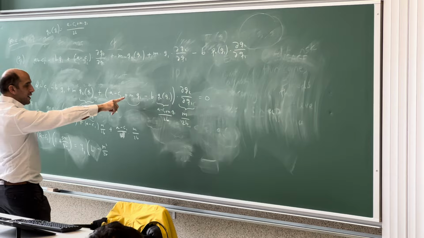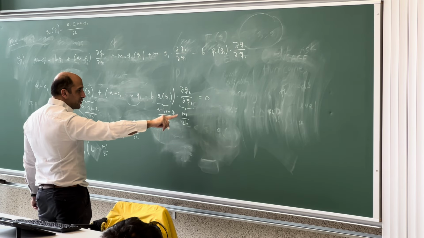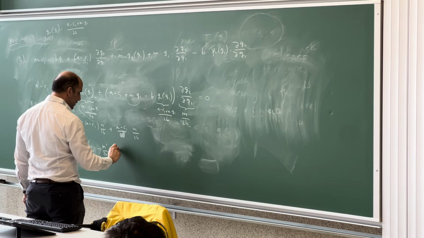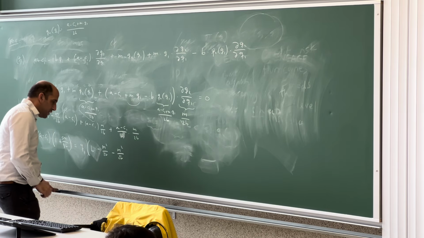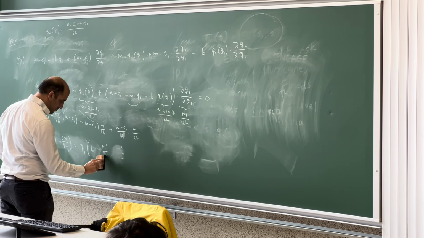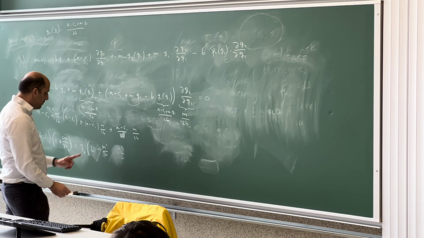Here we're going to have M times Q1 times M over 2B, so it's also going to be minus M squared over 2B. Say M squared over B.